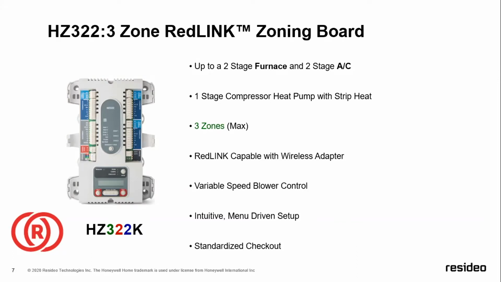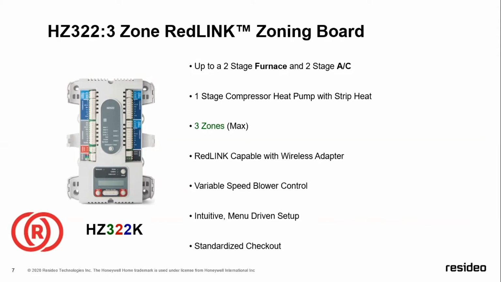So by having the advantage of a lower amount of heat and a lower amount of cooling being put into that particular zone, in addition to the fact that the speed on your blower is probably significantly less, it makes for a very, very sweet zoning system. Okay, so obviously the HZ, the 3, indicates that you've got a 3-zone maximum with this particular board.